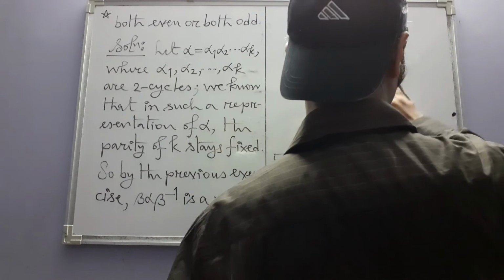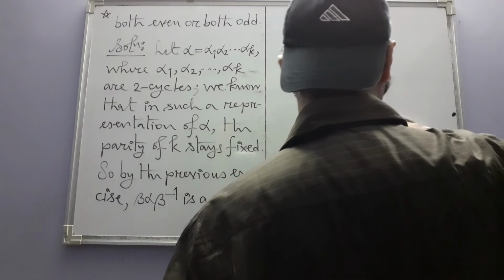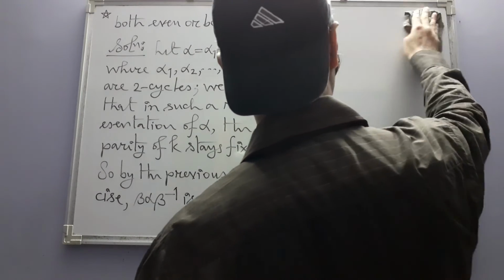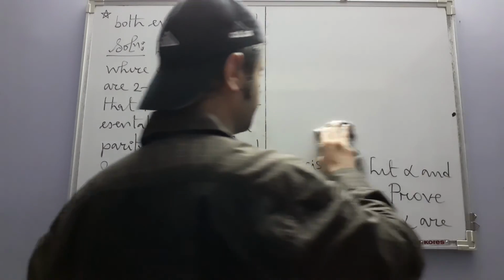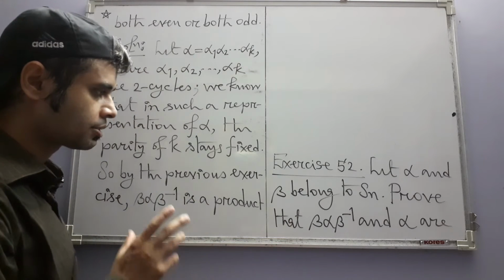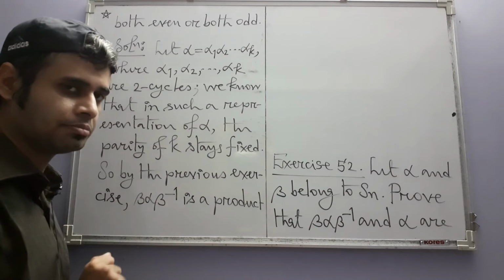So that means, because in both the permutations, alpha as well as beta alpha beta inverse, when you are expressing them as products of two cycles, that k has appeared in both of them.